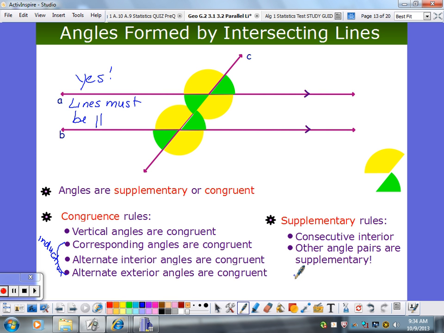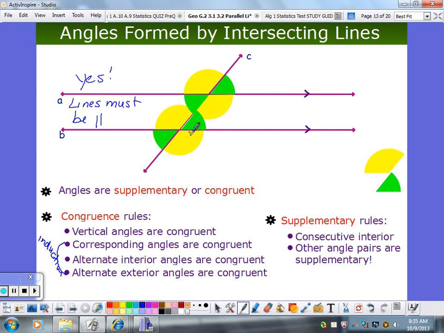What about supplementary rules? Who's supplementary? Now we can see like this one, this one, this one, this one. What about my consecutive interior angles? Now which ones are those? Like this and this. Isn't that consecutive interior? So what can I conclude about those angles? Now are they congruent? No, but what are they? Supplementary.